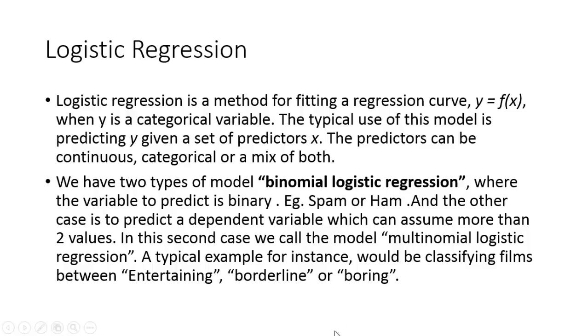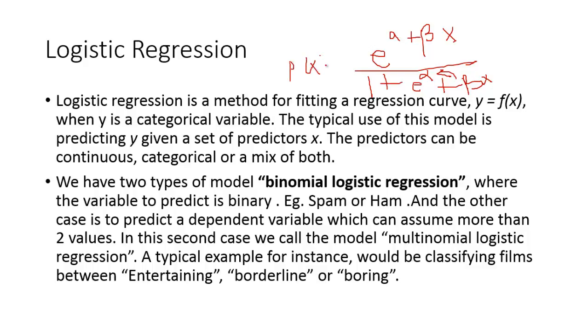So the total equation becomes e to the power alpha plus beta x upon 1 plus e to the power alpha plus beta x. So this is the probability function of logistic regression, and this will limit the total probability between 0 and 1.